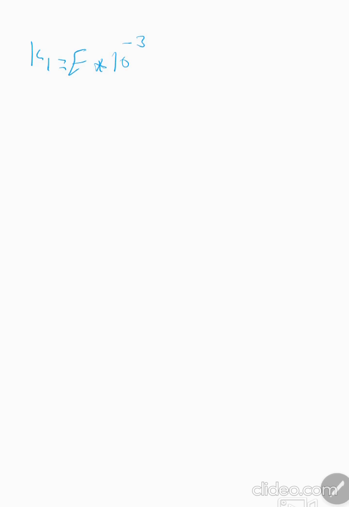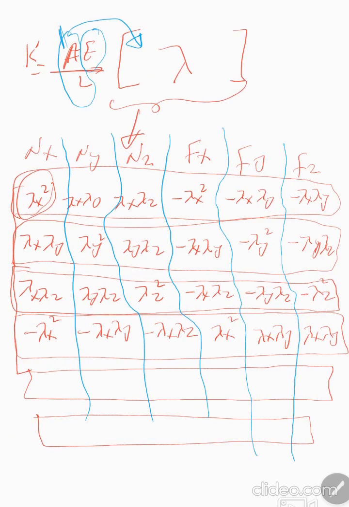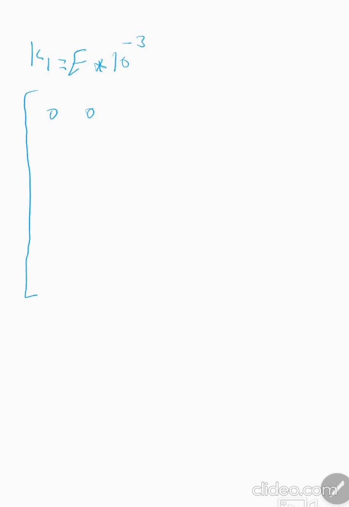Okay, then the matrix will be 0, 0. First of all, let me see. Oh, okay, I remember. We have member number 1 looks like this one.